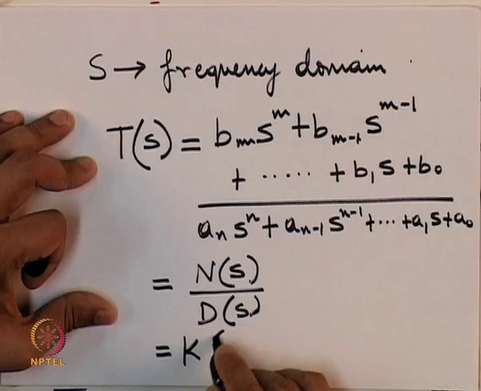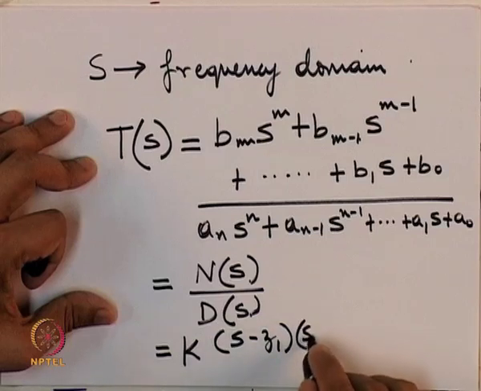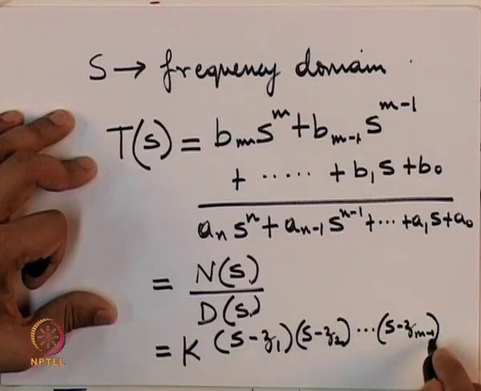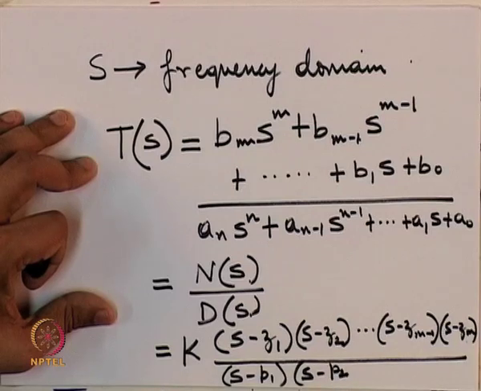So then we will have (S minus Z1), (S minus Z2), (S minus Zm minus 1), (S minus Zm) upon (S minus P1), (S minus P2), and so on till (S minus Pn minus 1), (S minus Pn).